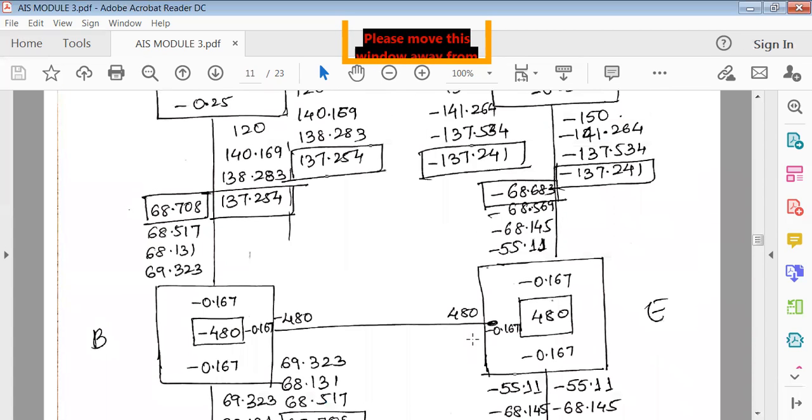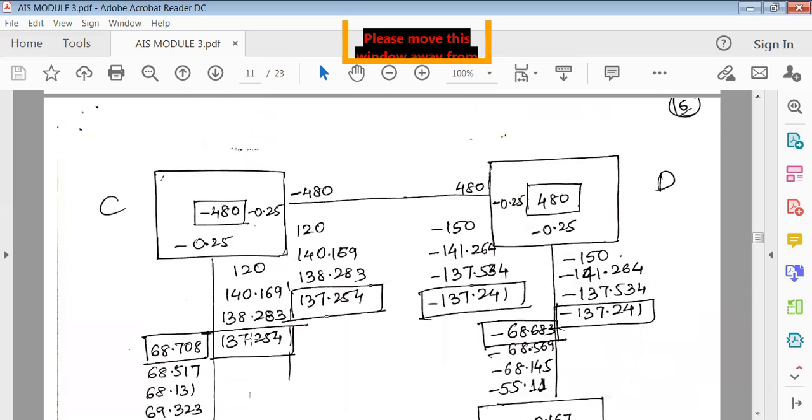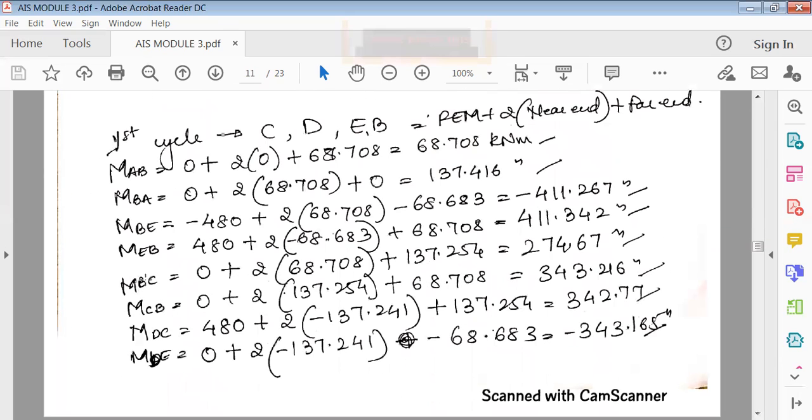The only thing you should remember here is how to write these moments properly, and then recognize these properly and write it here only below. With respect to the given joint, near and far end, the first alphabet always becomes the near support, the next alphabet becomes the far support.